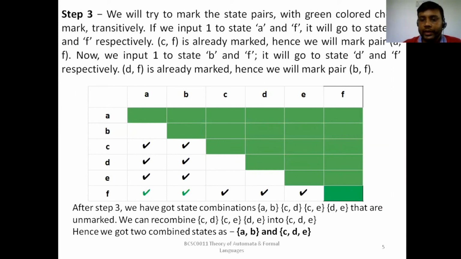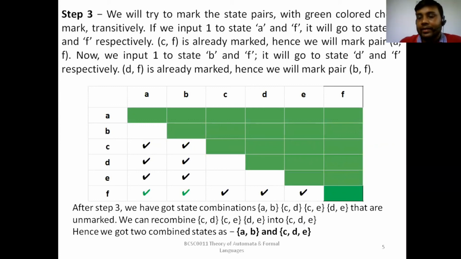Out of these 4 state pairs, we can combine 3 state pairs, that is CD, CE, and DE, into one state, that is CDE, because C is related to D, D is related to E, and C is related to E. So therefore these will be combined together to form a new state, that is CDE.